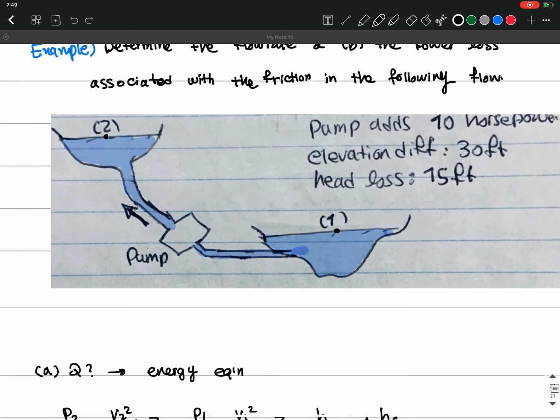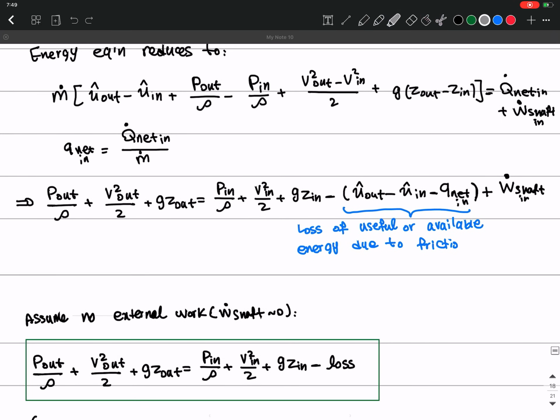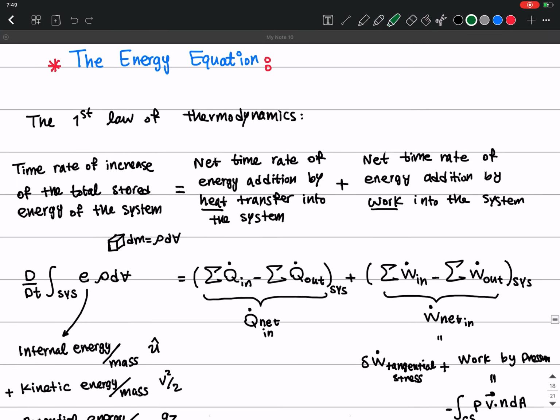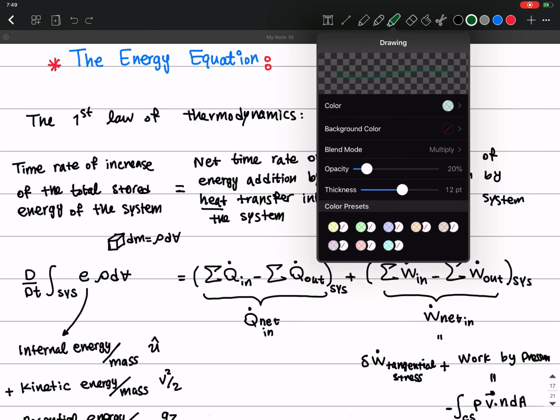Okay, so this was the energy equation. So let me just briefly review what we learned today. We started with the energy equation, the first law of thermodynamics, which states that the time rate of increase of the total stored energy of the system equals the net time rate of energy addition by heat transfer into the system plus the net time rate of energy addition by work into the system.